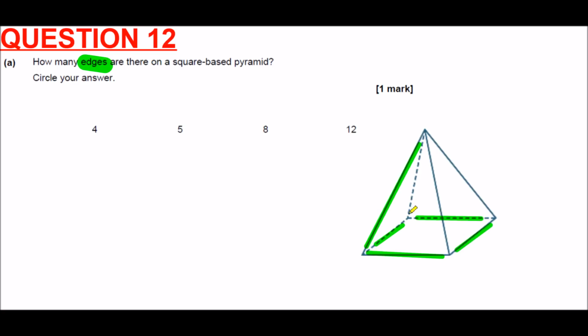There's one, a second one at the back, a third one at the front, and finally a fourth one going up the side. So the total number of edges would actually be 1, 2, 3, 4 around the sides, and 4 at the bottom for the square. 4 plus 4, that gives a total of 8 edges. So we need to circle 8.